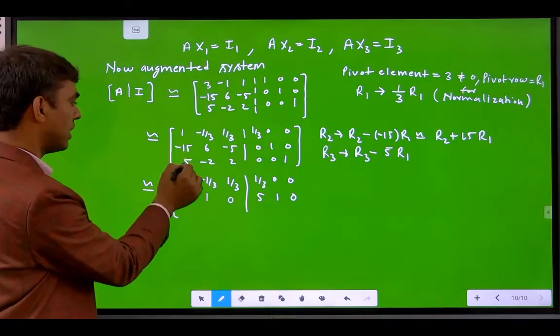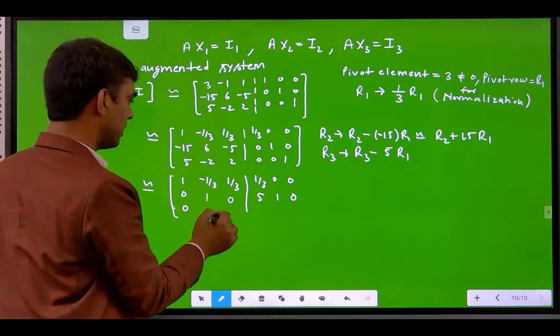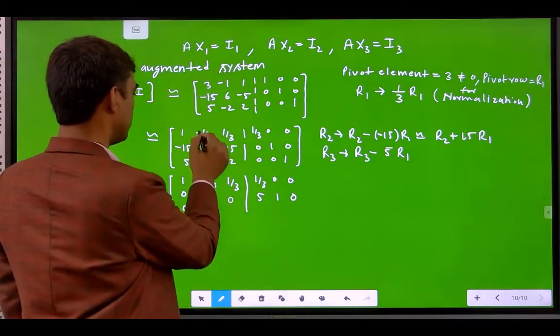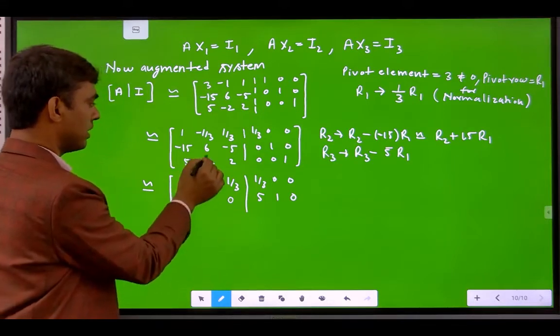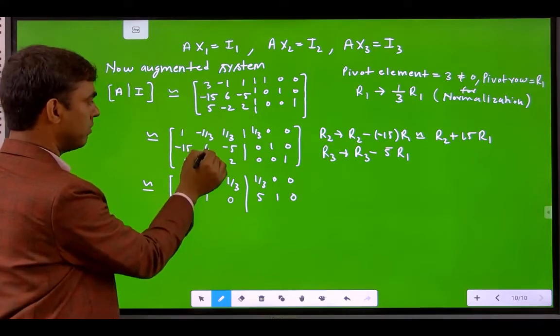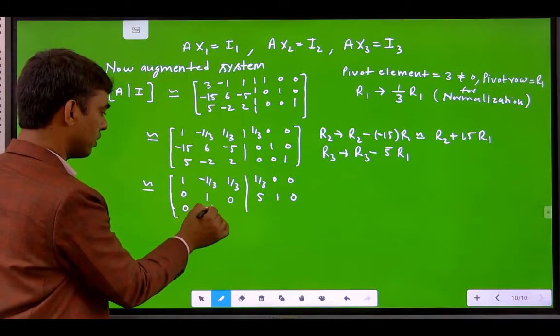Now for the third one, what will happen here? R3 minus 5 R1. So this becomes 0. Minus 2 plus 5 by 3, which is minus 1 by 3.